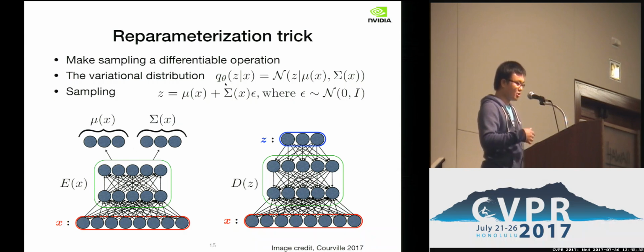So the variational distribution is given by Q theta, Z conditioned on X. And the sampling is then done like this.